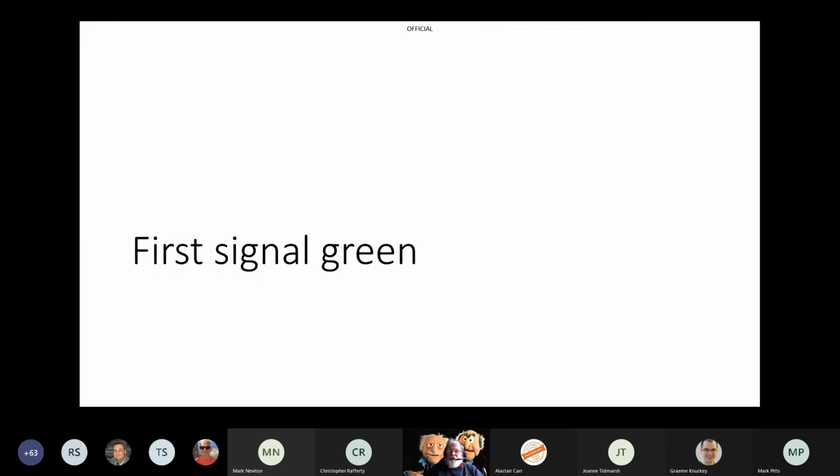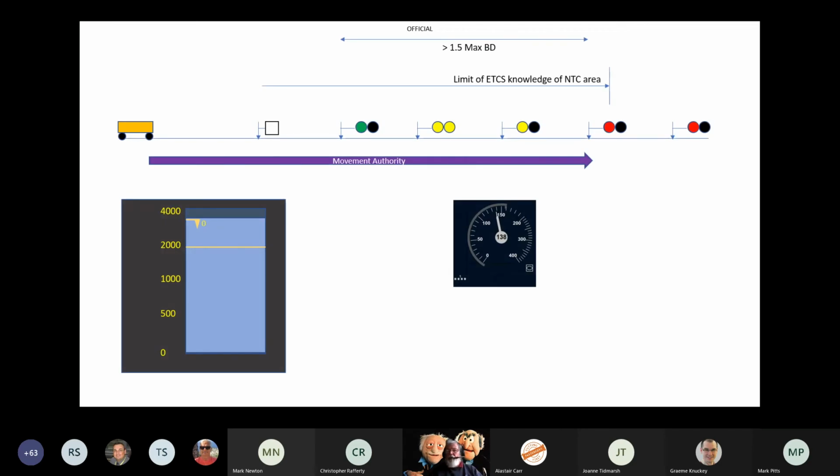What about if the first signal is green, but subsequent signals are cautions? Well, again, the driver is getting information. You can see that the planning area is identical to what it was for all greens, because the movement authority extends to the fourth signal in the NTC area, which was previously green but is now red, but it's still treated as the end of authority.